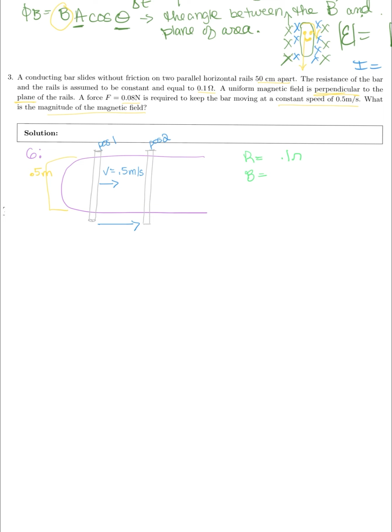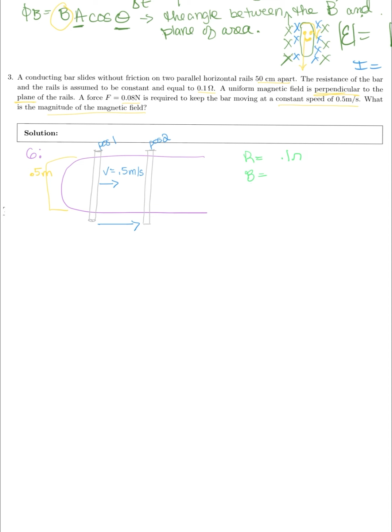Perpendicular means that it forms a right angle, right? So we'll do the same thing, into the screen. Say I have a B field. It's into the screen because it doesn't tell us which way, so we could make it whichever way we want as long as it's perpendicular.